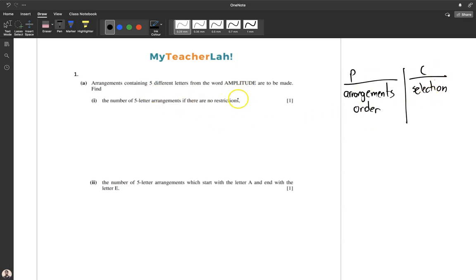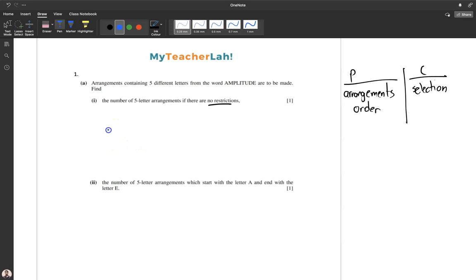You will look into some of the keywords in the following questions as well. The first question asks you to find arrangements containing 5 different letters from the word amplitude. When there are no restrictions, how would we arrange 5 letters out of the word amplitude? So what do we actually do?